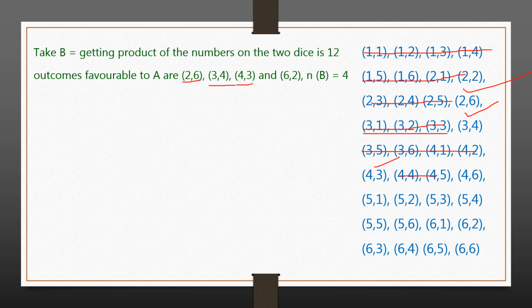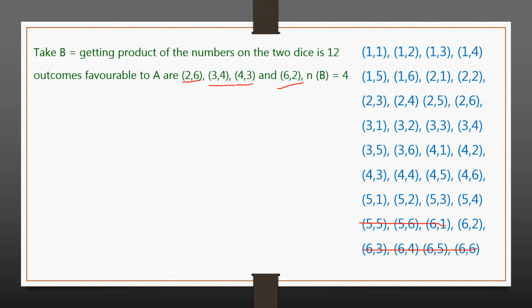Now 4 4, 4 5, 4 6, 5 1, 5 2, 5 3, 5 4, 5 5, 5 6, 6 1 are not favorable to B as the product of the two numbers is not equal to 12. Whereas 6 2 is favorable to B because 6 into 2 is 12. The remaining 6 3, 6 4, 6 5, 6 6 are also not favorable to B as the product of the two numbers on the 2 dice is not equal to 12.